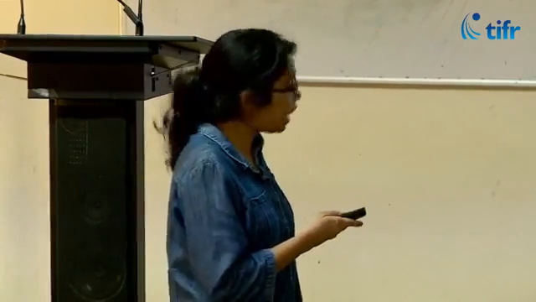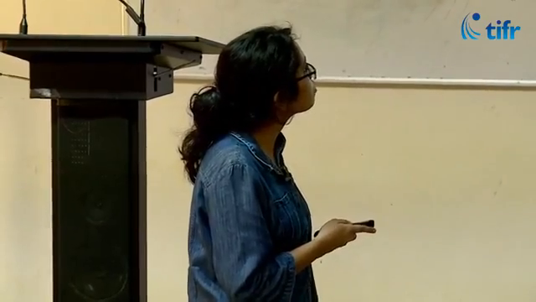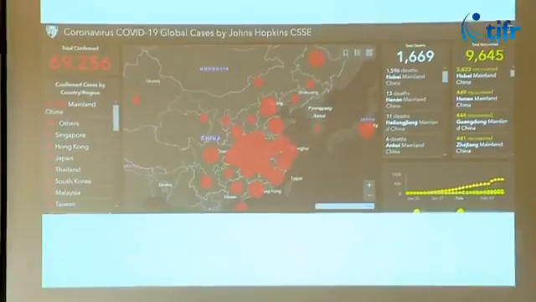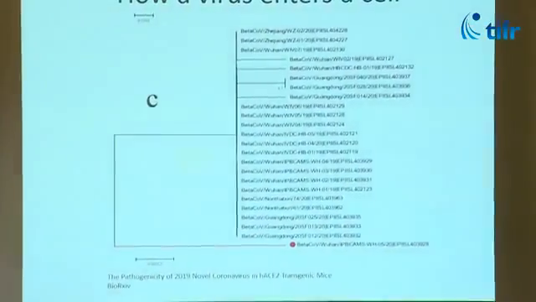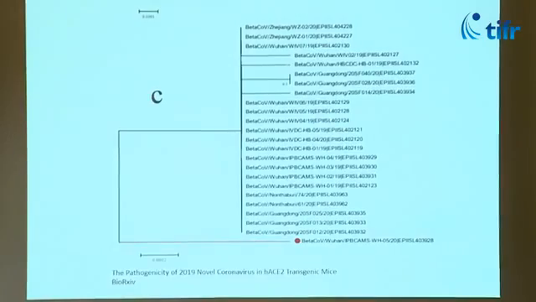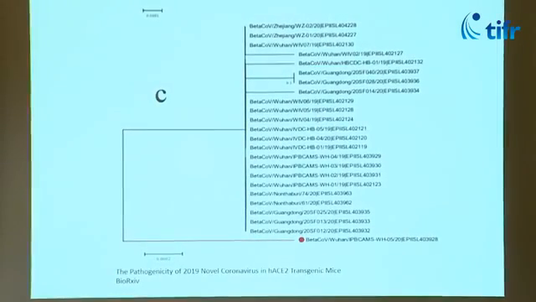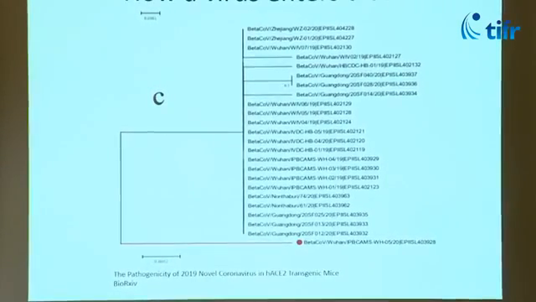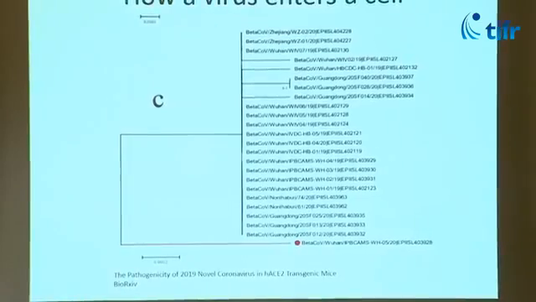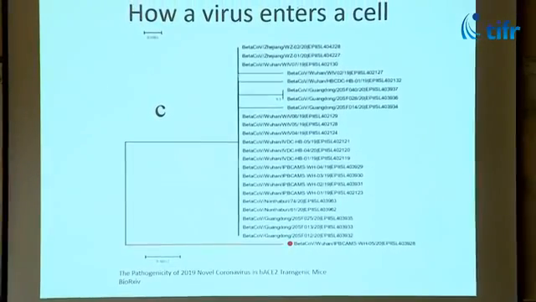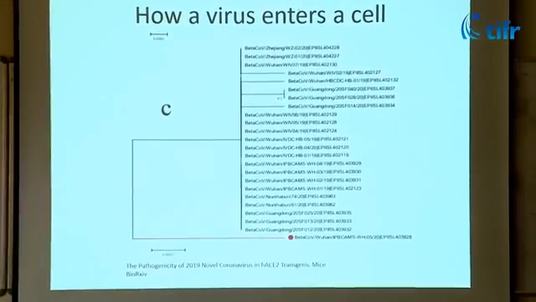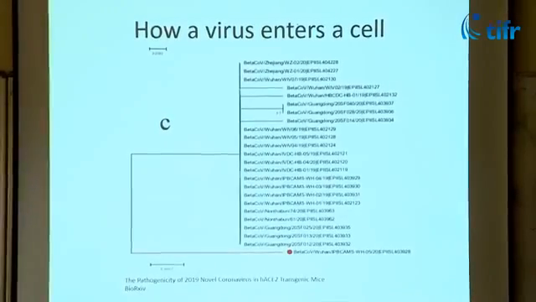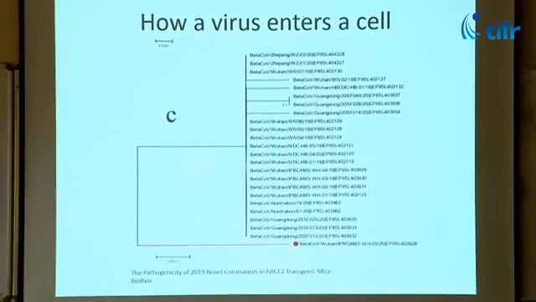And I have a hidden slide which I can show you. This is how you trace out the evolutionary history of viruses. What you do is you go back to the original source, you check how many times the virus has changed, what changes have happened, and you make something called a phylogenetic tree out of it.